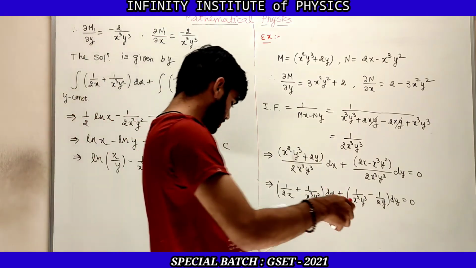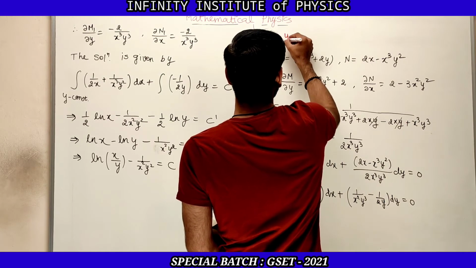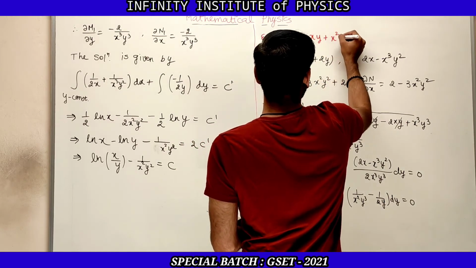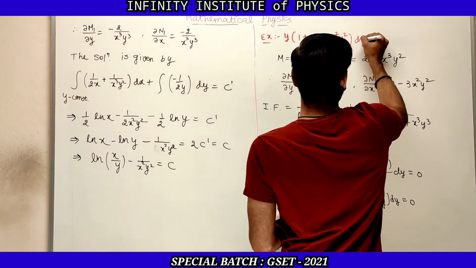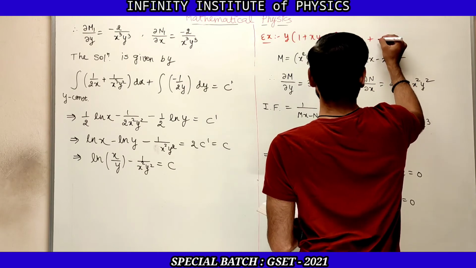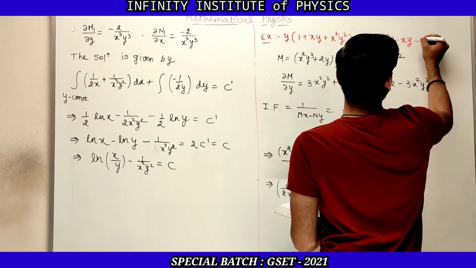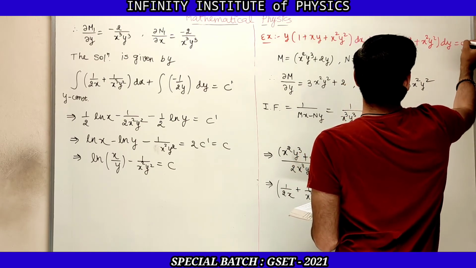So the next question is y into 1 plus xy plus x square y square dx plus x into 1 minus xy plus x square y square dy is 0.